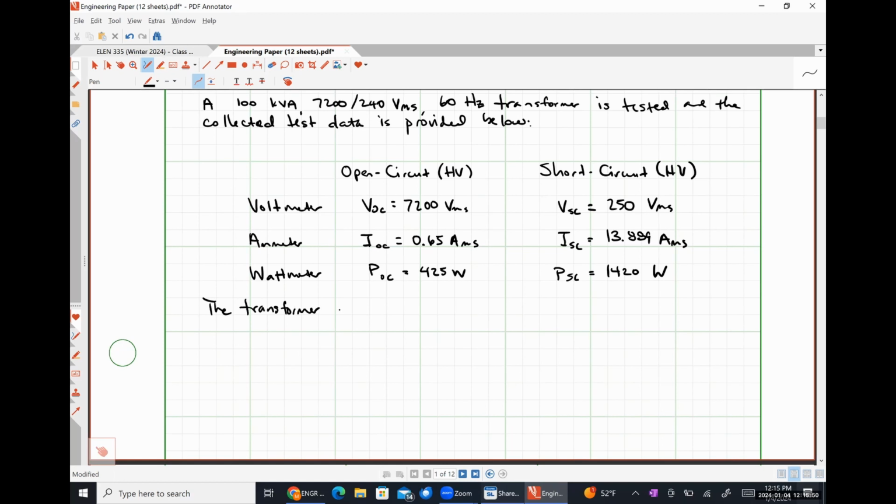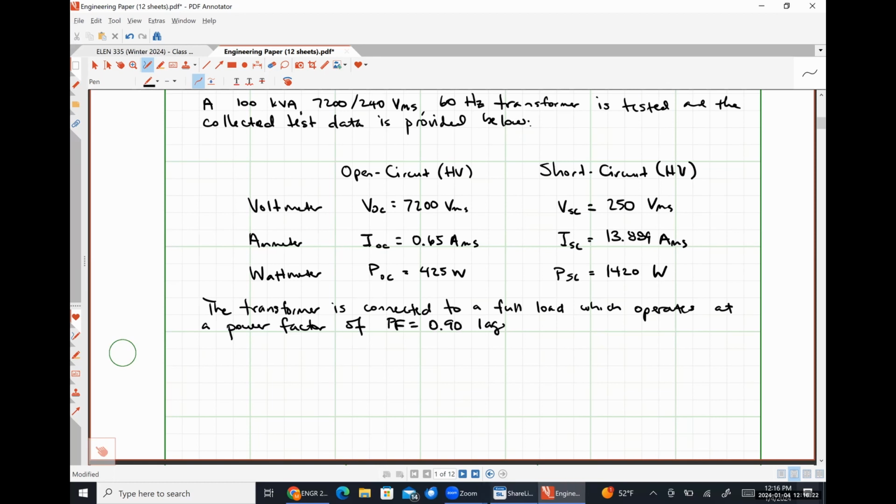The transformer is connected to a full load which operates at a power factor of PF is equal to 0.90 lagging.